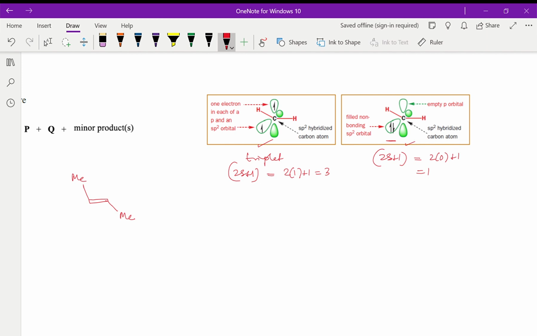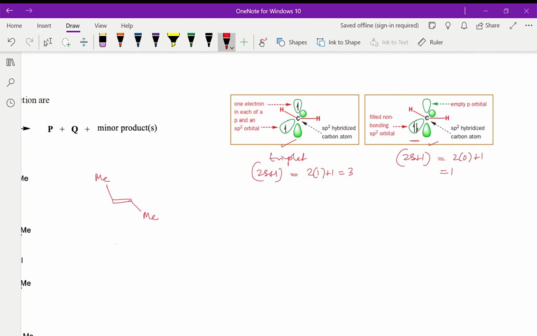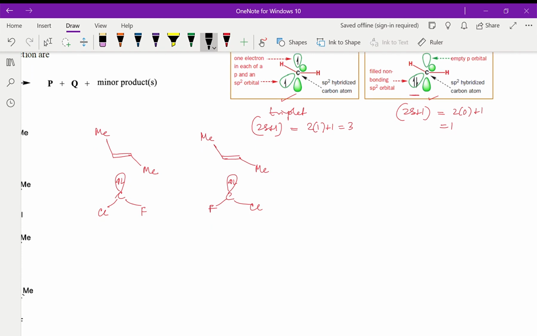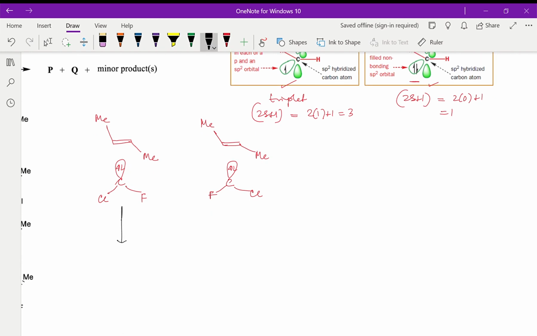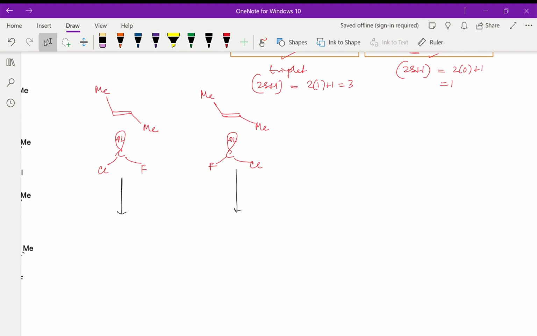Now, keeping this in mind, if we draw the molecule like this, there can be another arrangement wherein we have this type of orientation, and these additions are stereospecific: the orientation of the initial reactants will decide the kind of products we get. This also has two paired electrons.